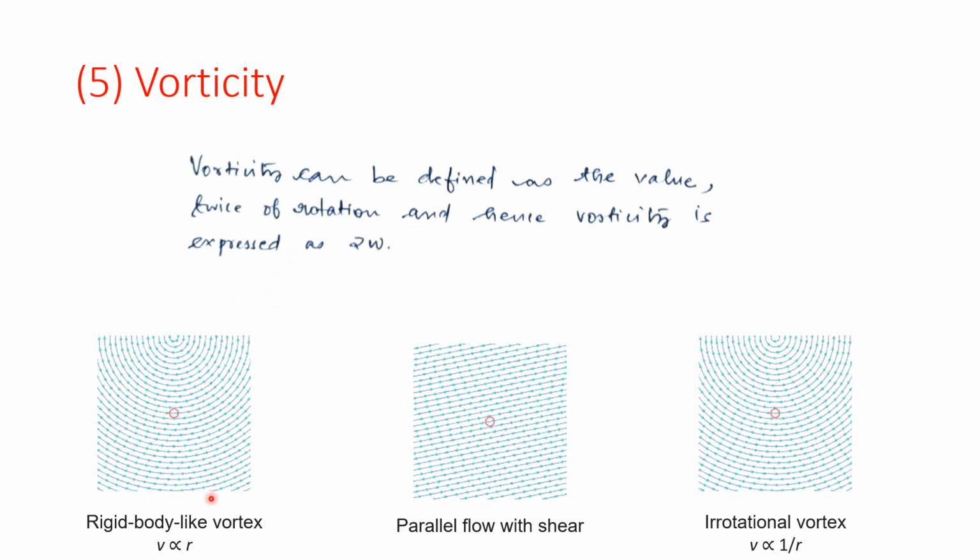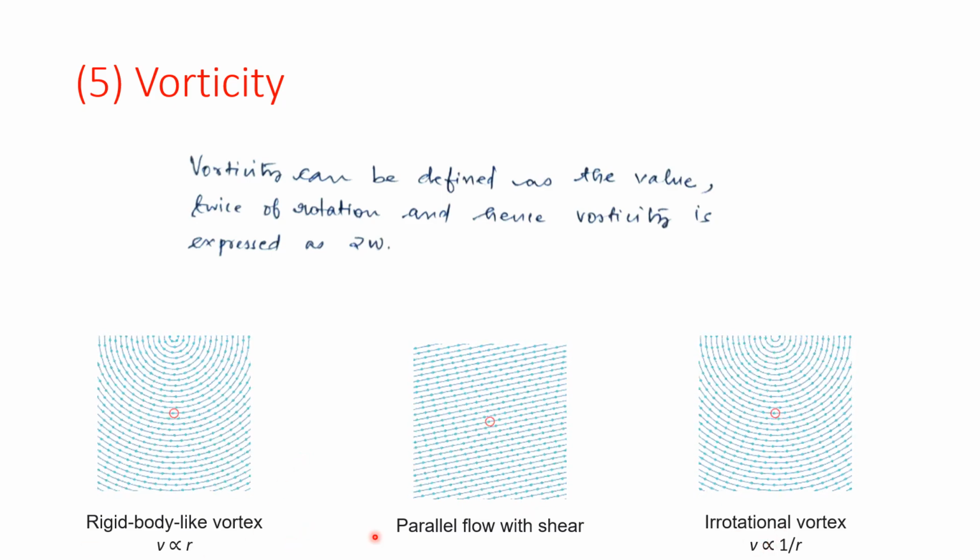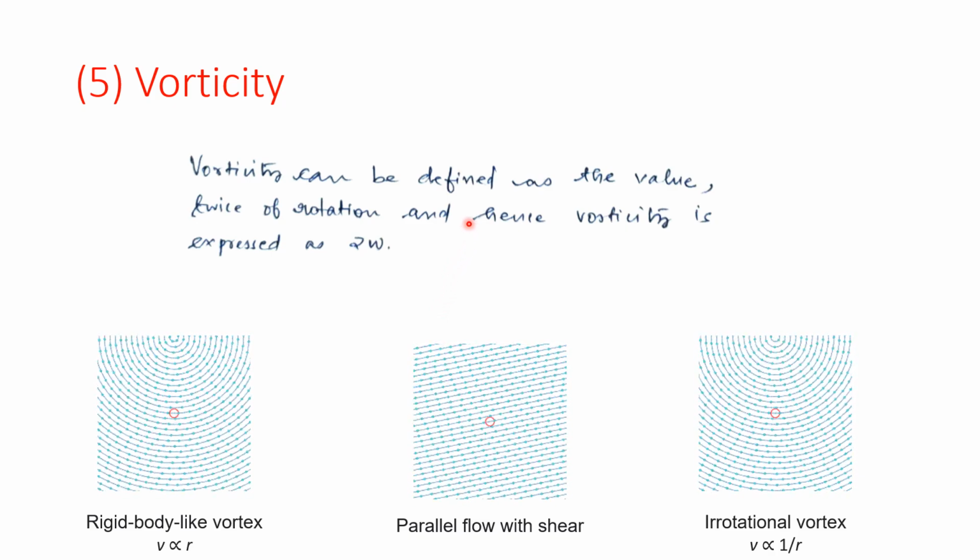So rigid body type flow, you can consider the parallel type of flow, the velocity would be directly proportional to r, and for irrotational vortex flow, velocity would be 1 by r. These components, vorticity, rigid vortex, or irrotational vortex, are all important. So vorticity in simple terms is nothing but 2 times the w value. Okay, I hope that is clear.